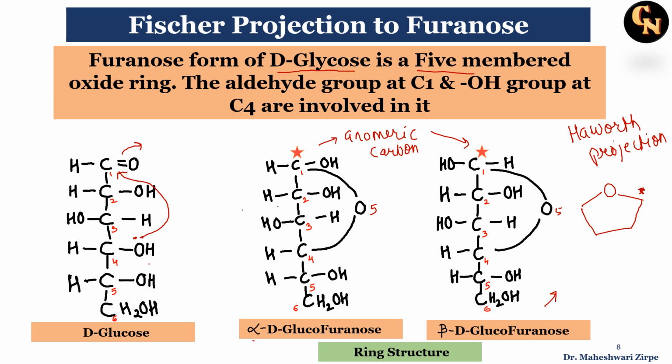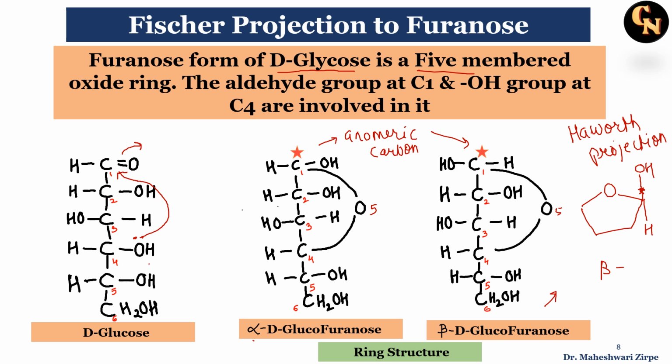Now here in the beta structure, as I told you, the OH is always above the plane. So you have to show OH at the top, above the plane, and H below. So this will indicate the beta structure or beta isomer.